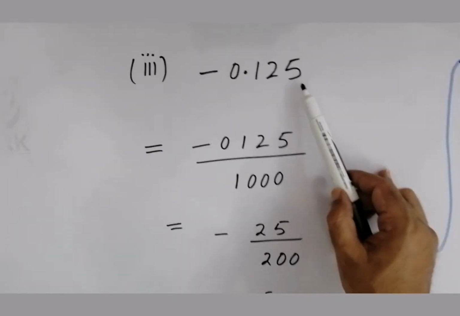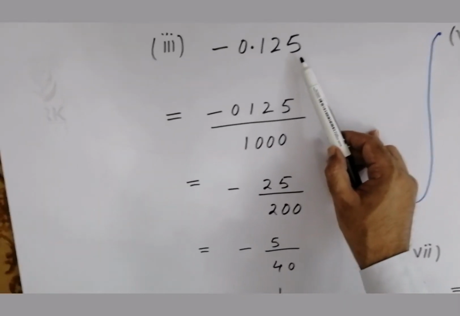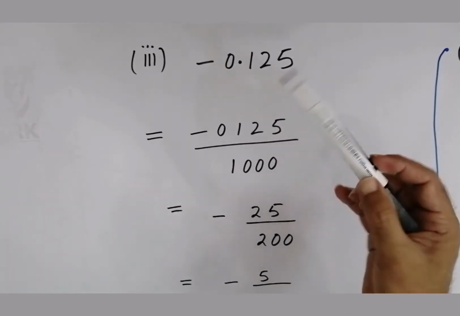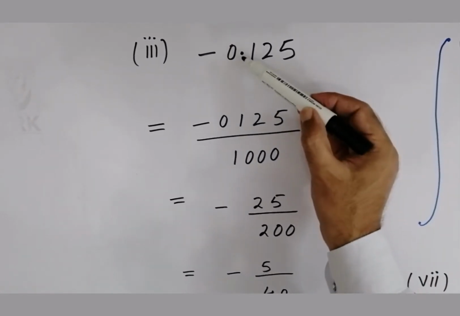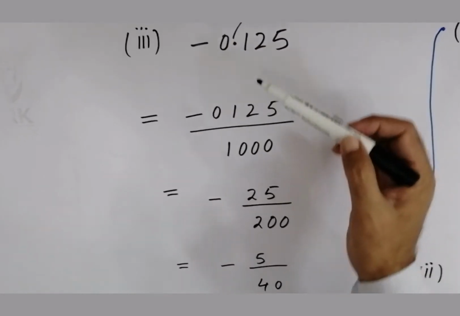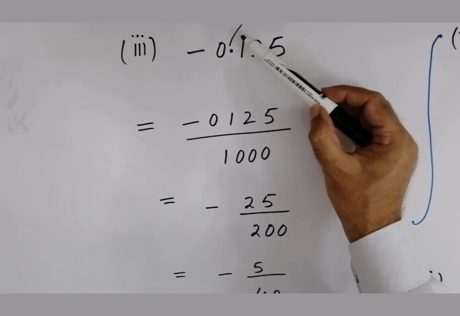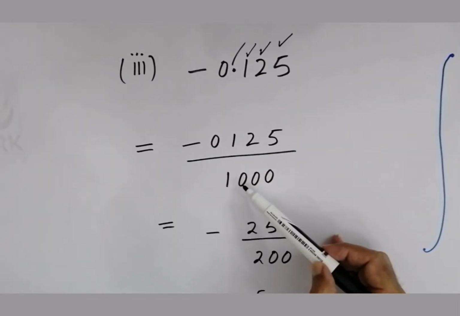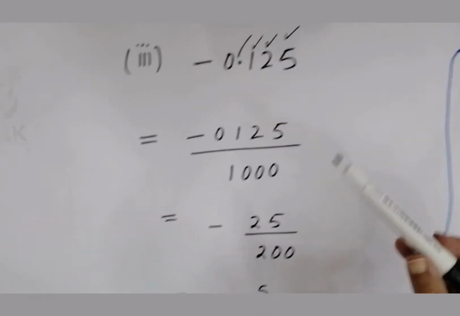As you know, it is a rational number, and it is also in decimal form. So first of all, we need to remove this decimal point, so replace it by 1. Now after the decimal we have 1, 2, 3 digits, so replace each one of them by 0.